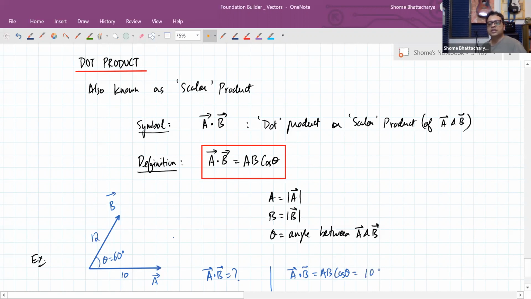So that will become 10 into 12 into cos 60, which is 10 into 12 into half. So that's 120 into half, or 60. And if this is expressed in some unit, and this is also expressed in the same unit, then this will become 60 units square.